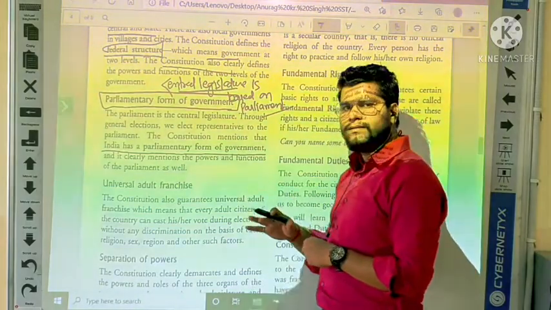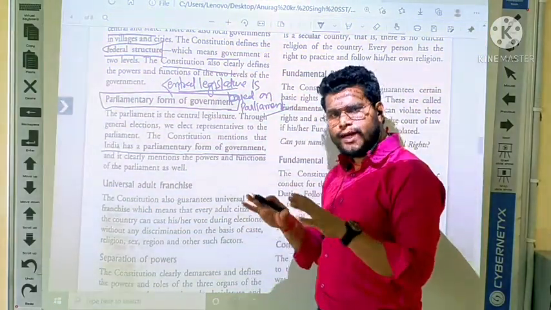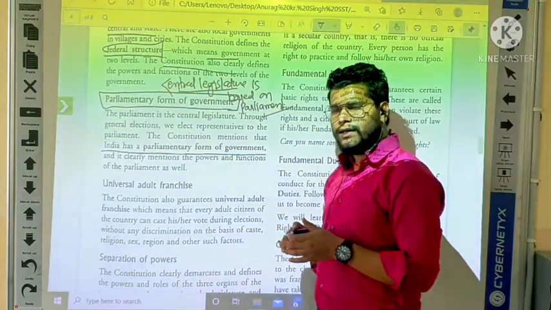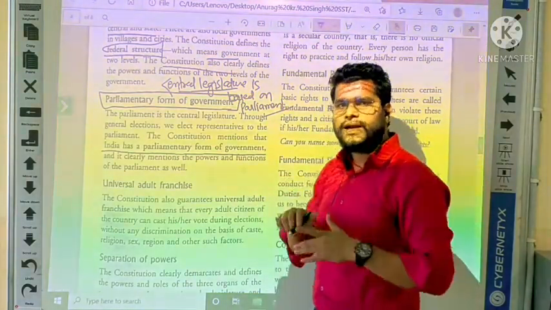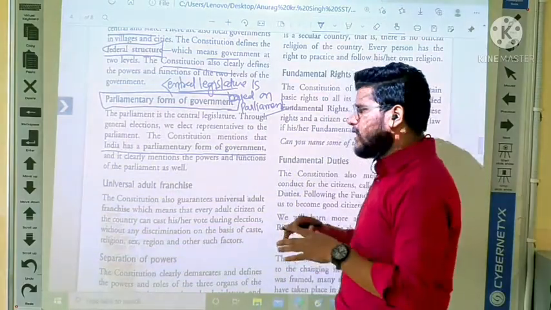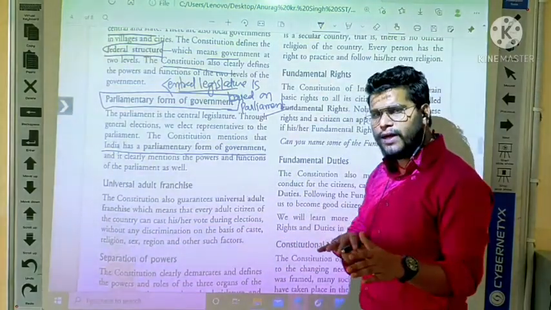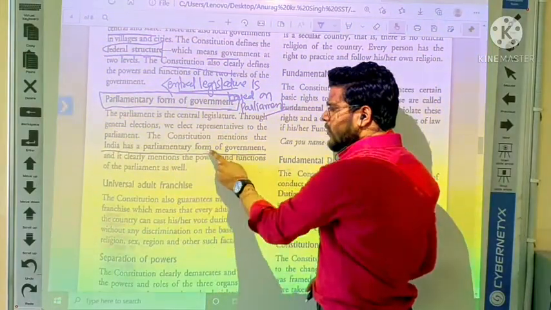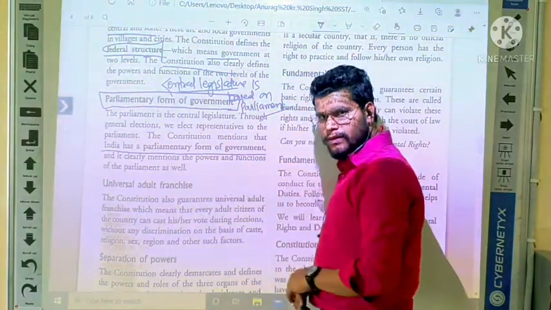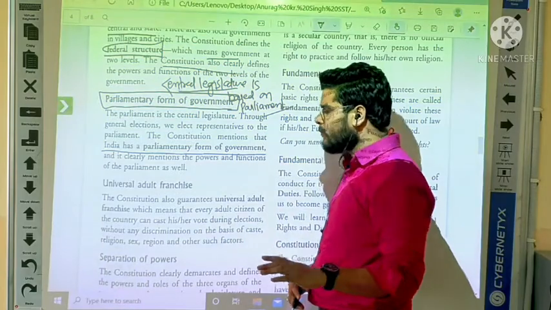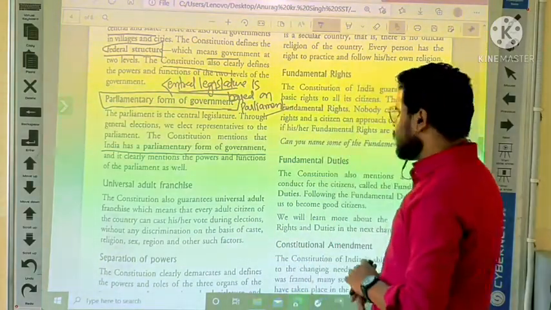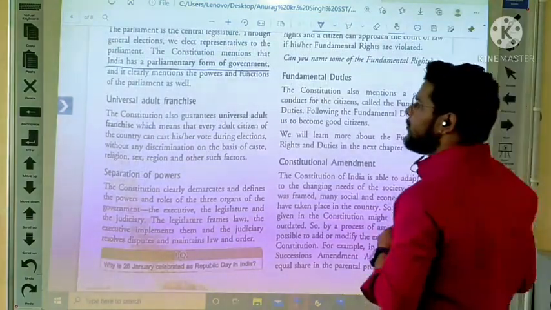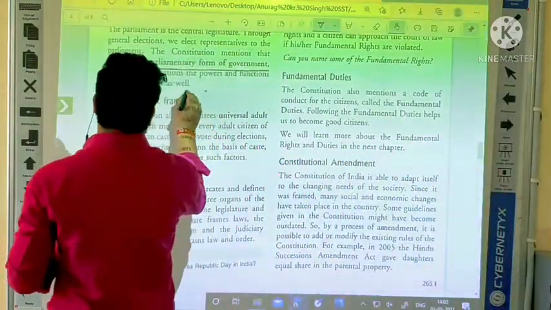It means generally you can say the Indian government is based on the parliamentary form. So that is why our government is also known as parliamentary form of government. Done? Everybody getting my points? After this, now come to another term, that is universal adult franchise.